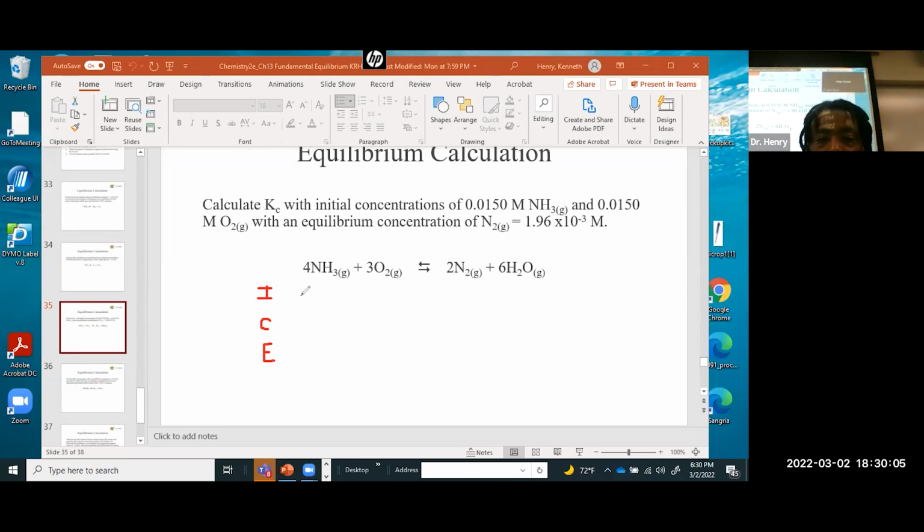Okay, so we have the initial for the reactants, 0.0150 molar and 0.015 molar. Zero and zero.